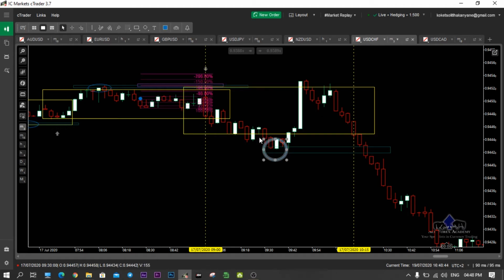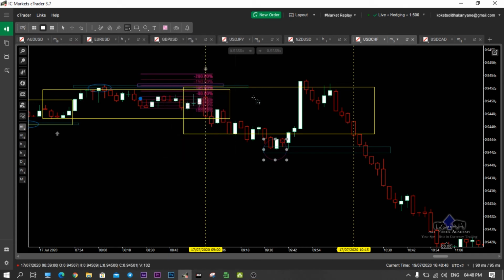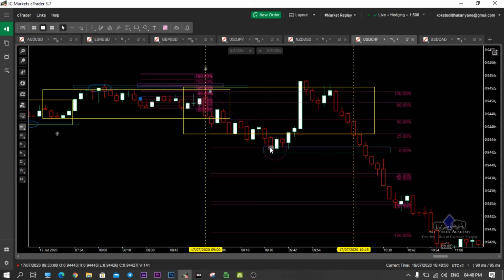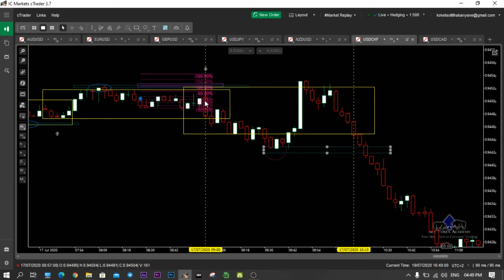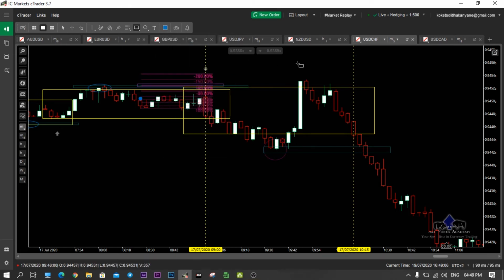When we pull out our Fibonacci tool and focus this move to the downside, we see that this bullish candle over here far exceeded our 50% retracement.